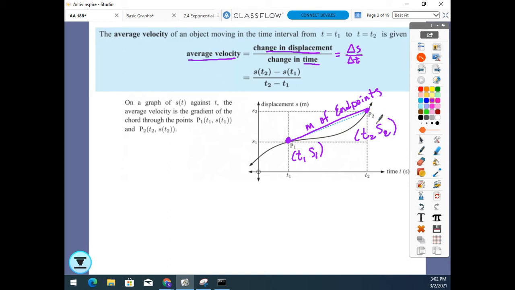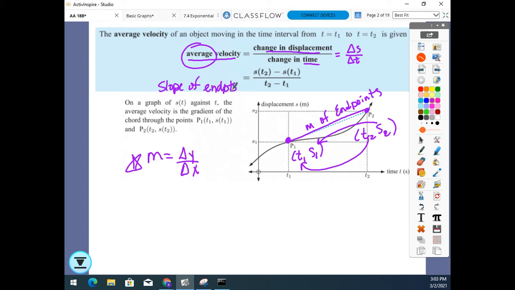You just subtract your Y's, subtract your X's, because remember, when you find slope, it's just the change in Y over the change in X. That's what average velocity is: the slope of the endpoints. Slope of endpoints.